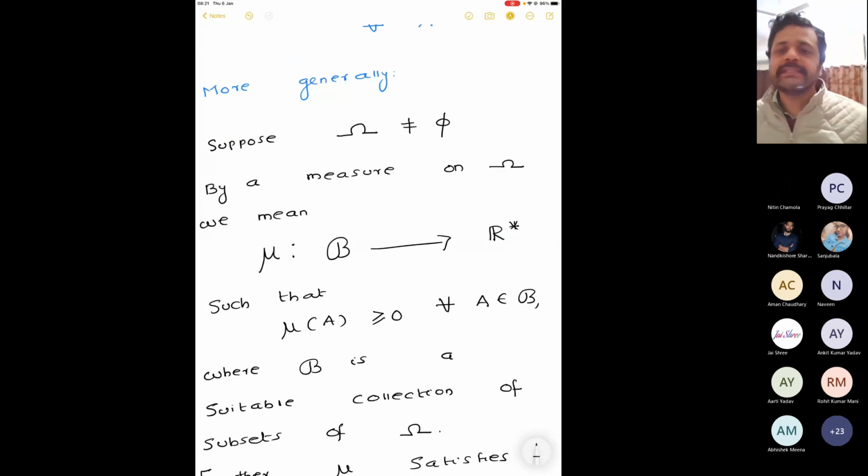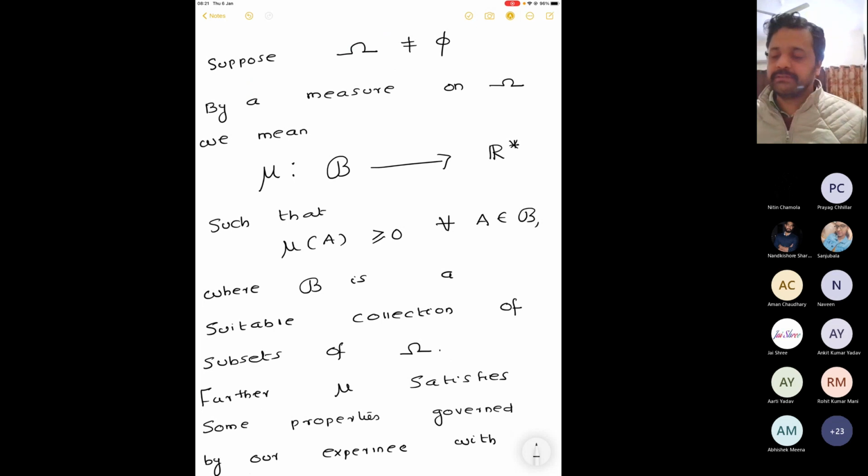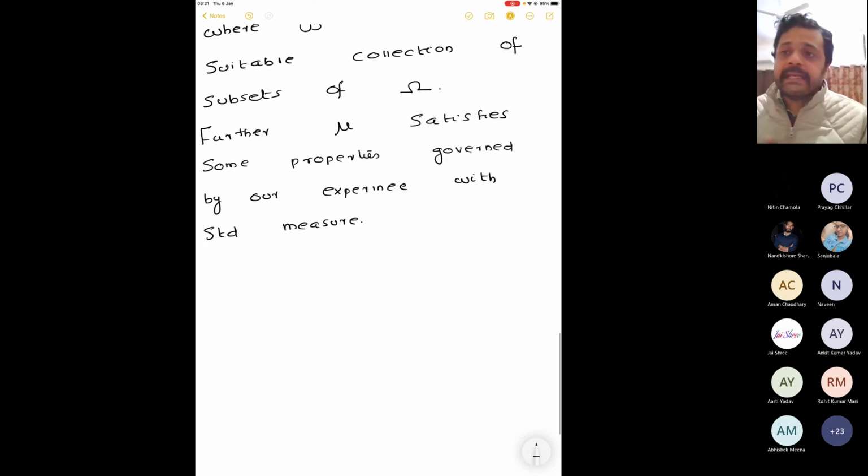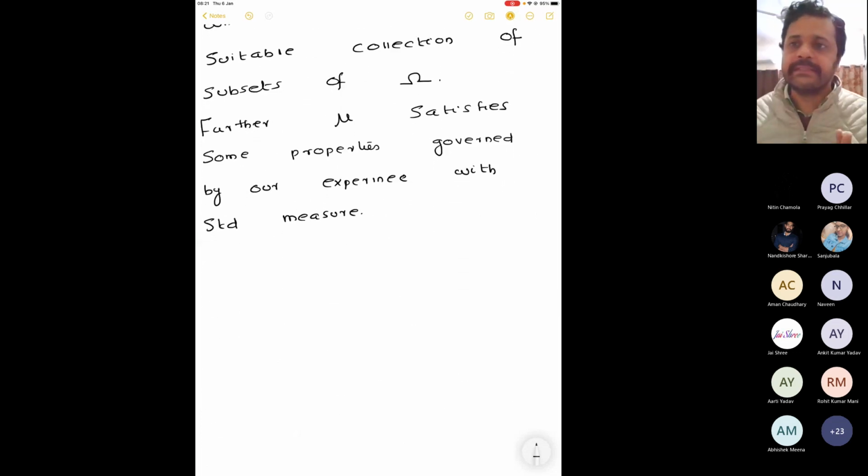Now, in the rest of this lecture, what I want to concentrate on is that repeatedly I am saying some suitable collection, and repeatedly I am saying that mu should satisfy certain properties. What are the properties that we are looking for in mu, and what are the suitability or richness we want on B? Those are the two questions that I would like to answer. Remember that they go hand in hand.